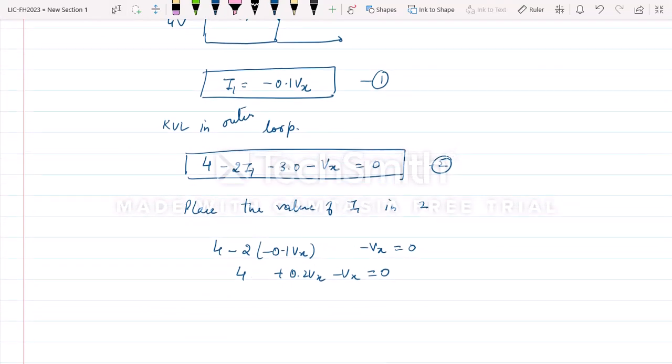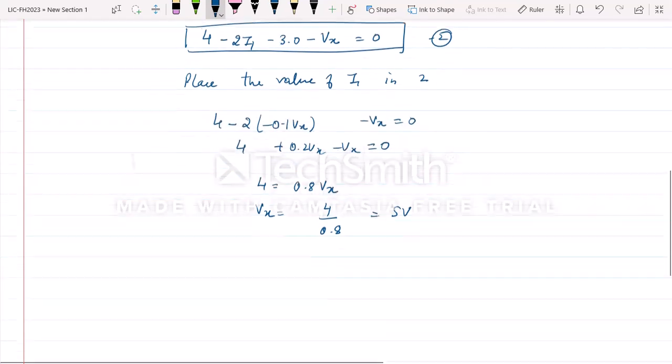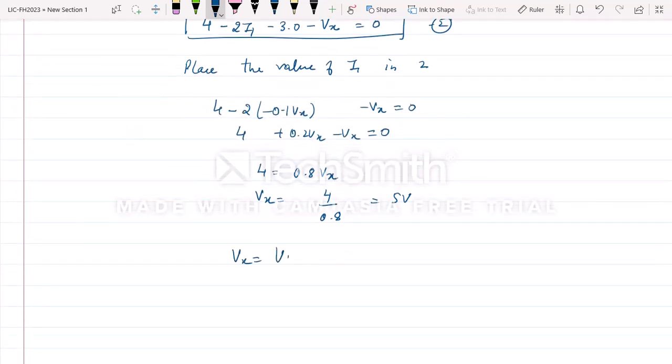So 4 equals 0.8 Vx. Vx is 4 upon 0.8, that is 5 volts. We know that Vx is nothing but VTH, so we got VTH as 5 volts. This is the first step.